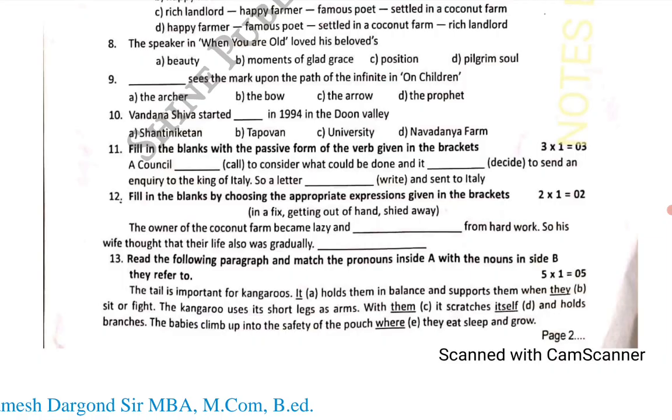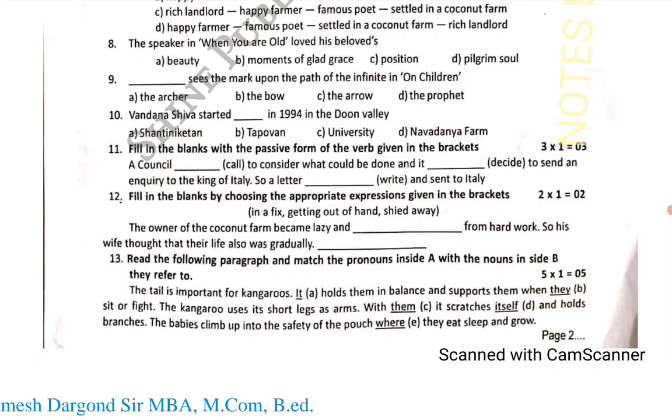The owner of the coconut farm became lazy and dash from hard work. So his wife thought that their life also was gradually okay. So what sense is it giving here? The owner of this is from the Gardener chapter. The owner of the coconut farm became lazy and lazy.